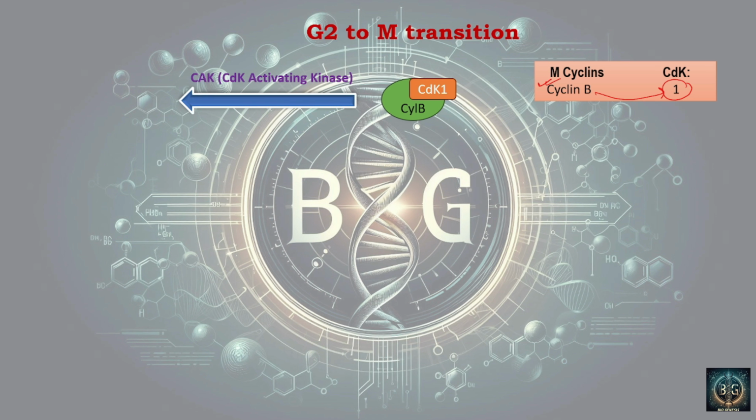So, when MPF, mitosis promoting factor, is formed, CDK1 is phosphorylated by a protein kinase, that is CAK, CDK activating kinase. By this name we can easily understand that CAK actually activates the CDK kinase protein.